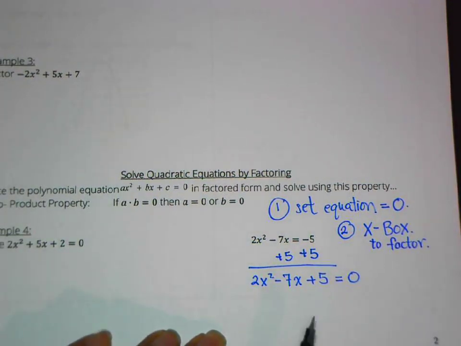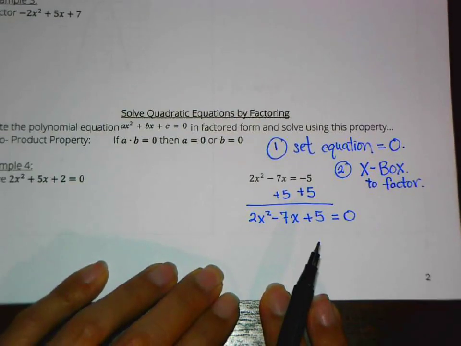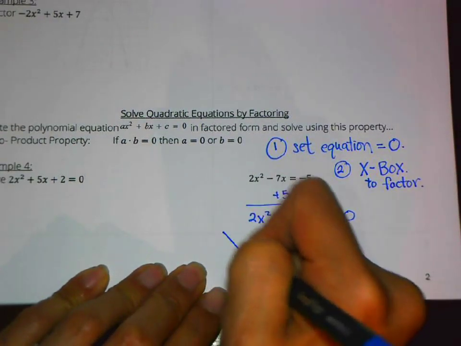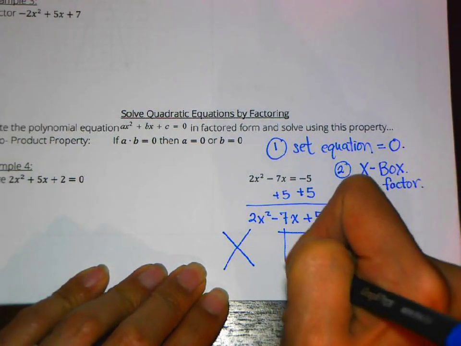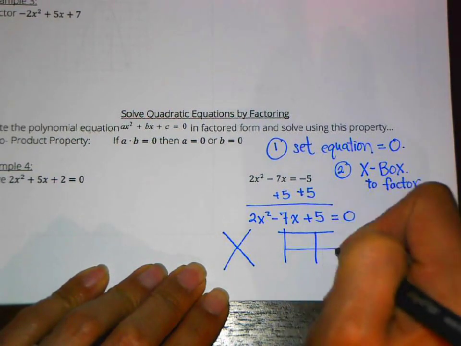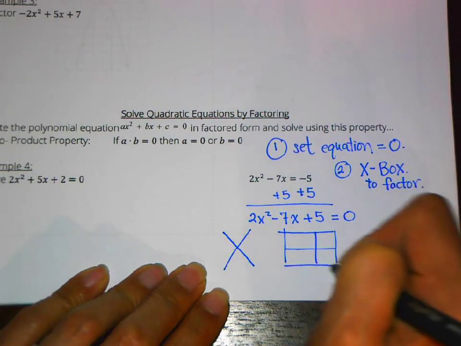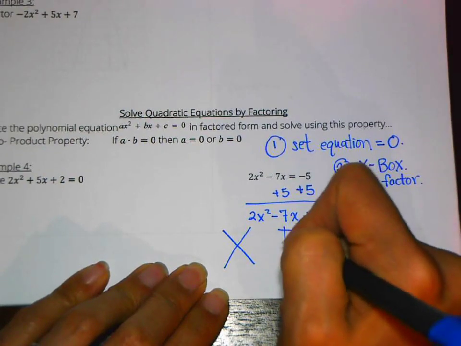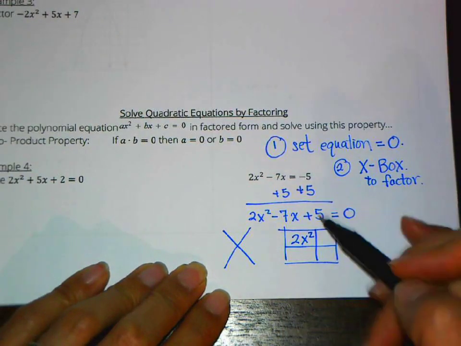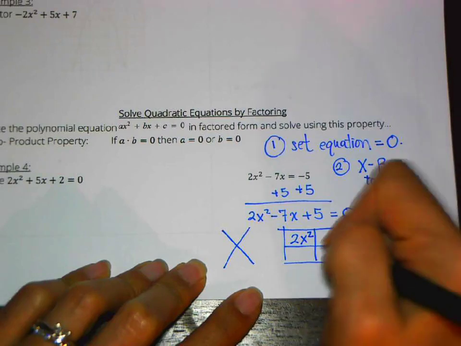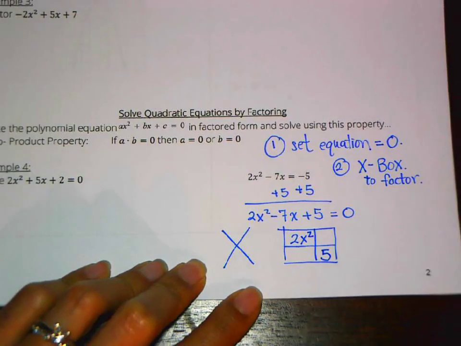There is no greatest common factor in this one. So I'm going to go right into the X and fill out the box. I know that for the box, the first term is going to be 2x squared for that very first box. The last number is going to go into the last box, so positive 5.